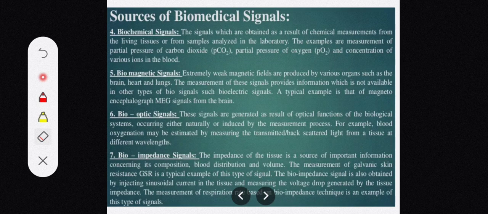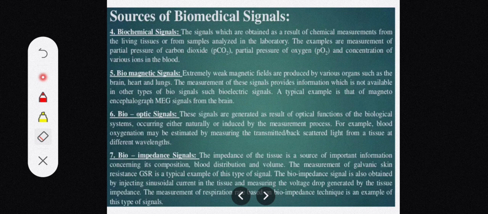In addition to these bioelectric signals, there are various organs in our body which produce very weak magnetic signals. Measurement of these signals will give you the biomagnetic signals. These magnetic signals produced by various organs are the biomagnetic signals.